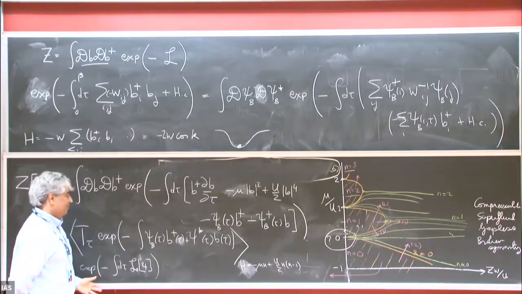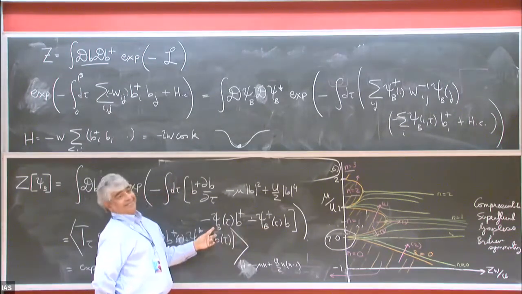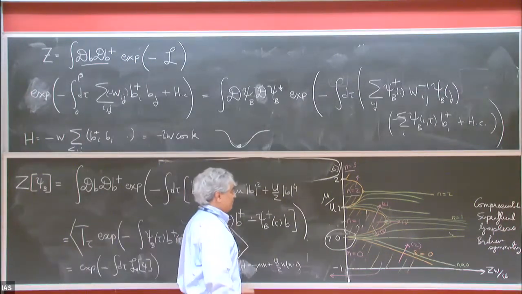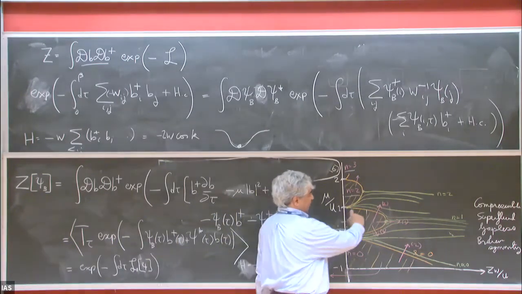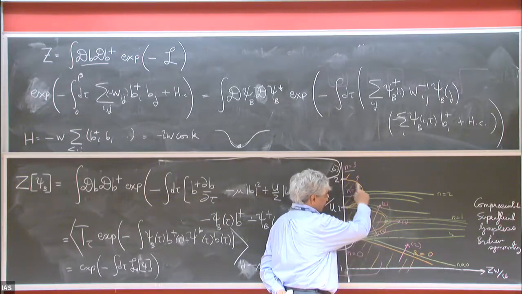I can't usually evaluate it, but the way I evaluate it is by expanding in powers of psi. I'm happy to expand in powers of psi because I'm crossing a phase boundary where psi goes to 0. Psi is 0 in mean field theory on these orange lines.